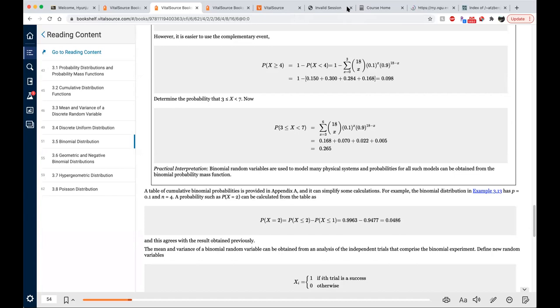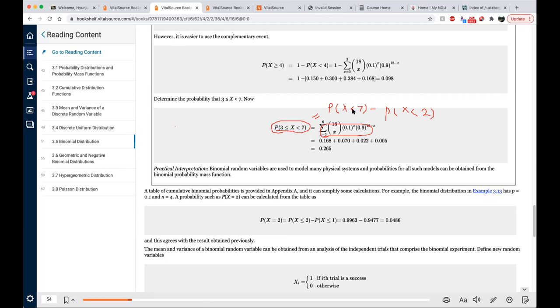You can just calculate what the textbook suggests, or you can say this is equal to the probability that x is less than 7 minus the probability that x is less than 3.